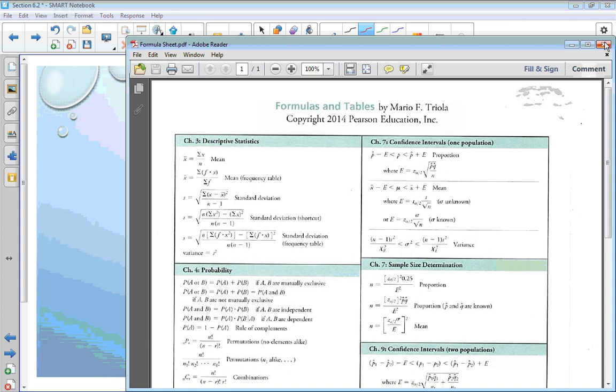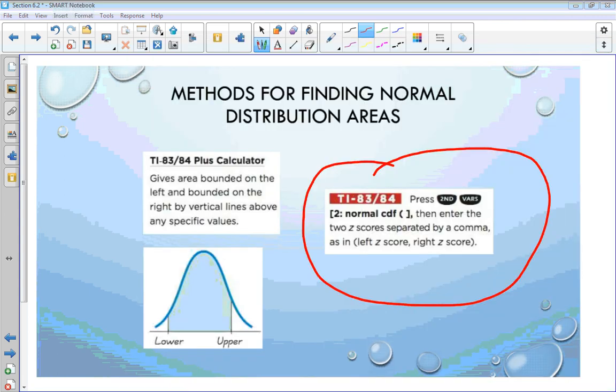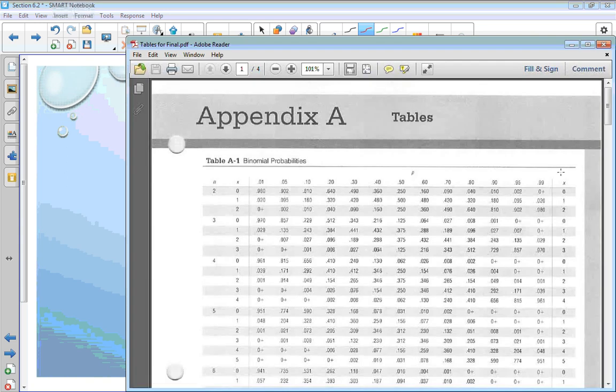However, you can also get it online. This is what the tables look like.